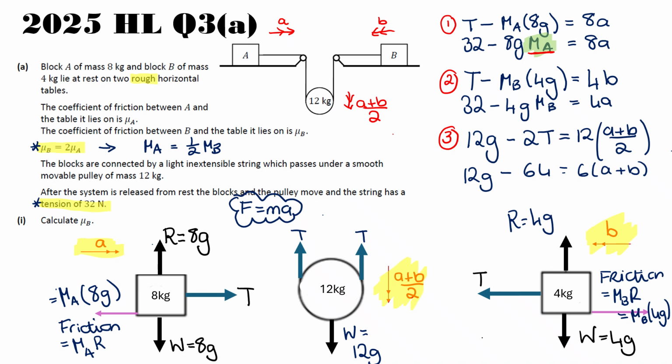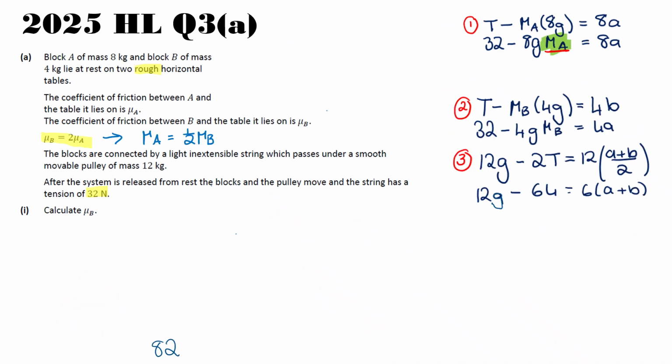So let's get ourselves some space and sub that in, and then let's work through the algebra. So that's going to give us 32 minus 8g and then a half mu b, which we're going to be able to tidy up into 32 minus 4g mu b is equal to 8a.